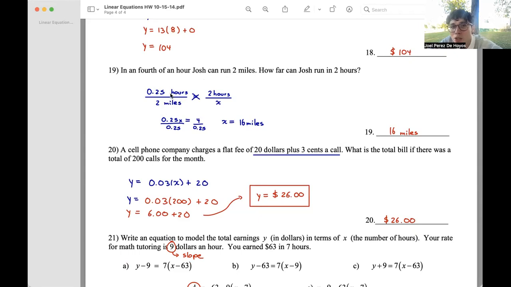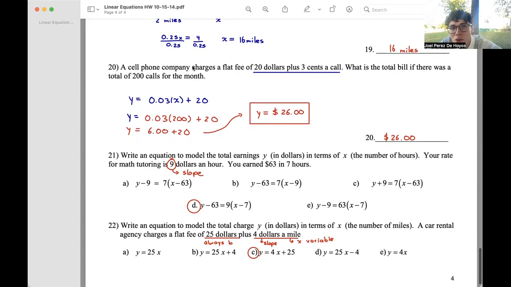So you put 0.25 hours, 2 miles equals 2 hours over x. We're looking for the miles. So you just cross multiply, and divide by 0.25, and this will equal 16 miles.